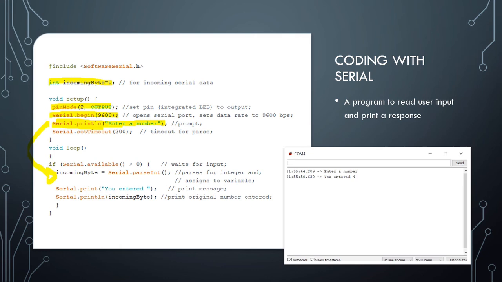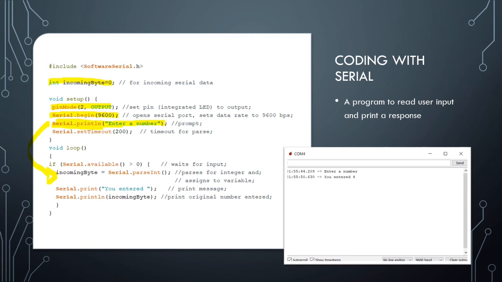You would just get a big long line of the text enter a number and it wouldn't stop printing, right? Because the microcontroller is constantly looping through your void loop code. We only want the text enter a number to come up one time. And so anything that we only need to happen one time, we can put in our void setup. So that's why that's up in the setup.